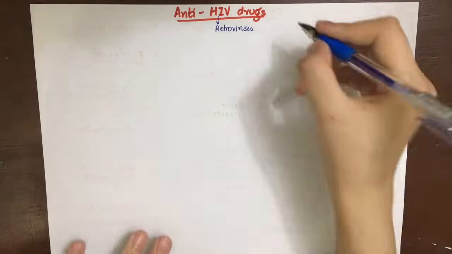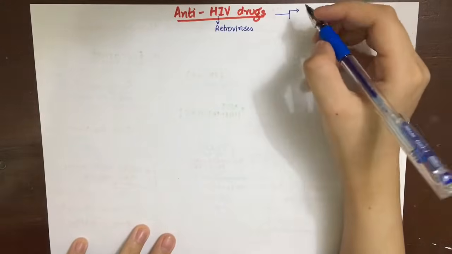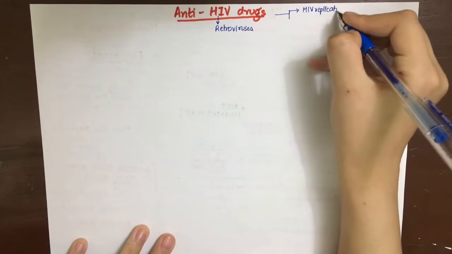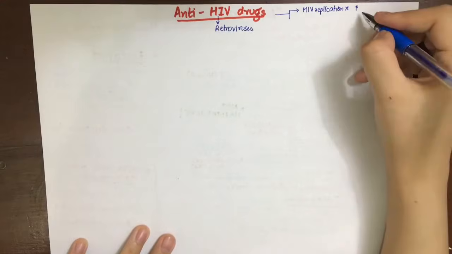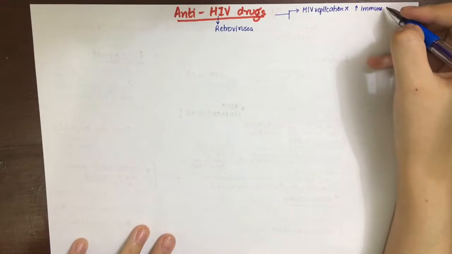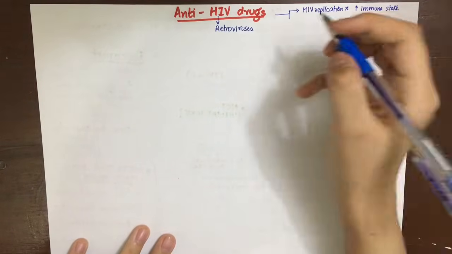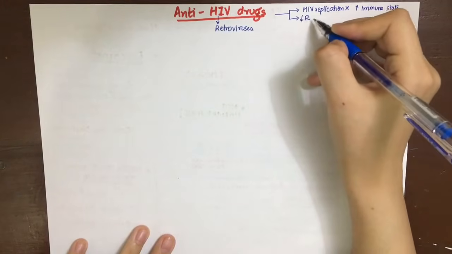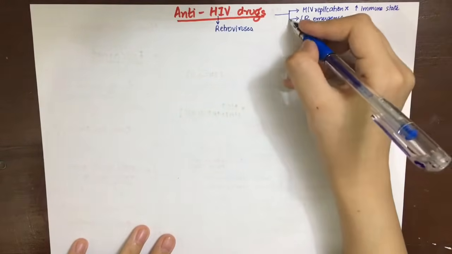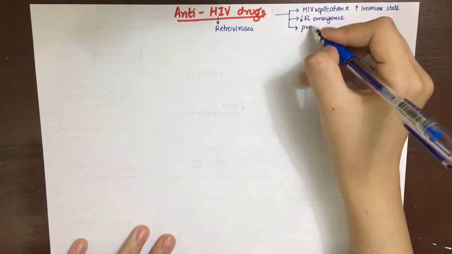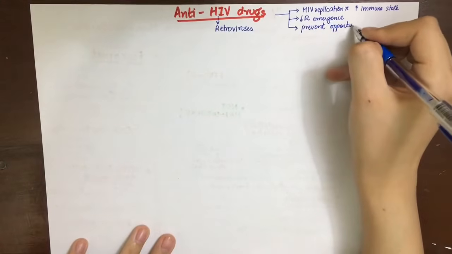The objective of anti-HIV therapy is to suppress HIV replication and improve the immune status of the person, and to prevent emergence of drug-resistant virus, and lastly, to prevent the opportunistic infections that are associated with HIV-infected patients.